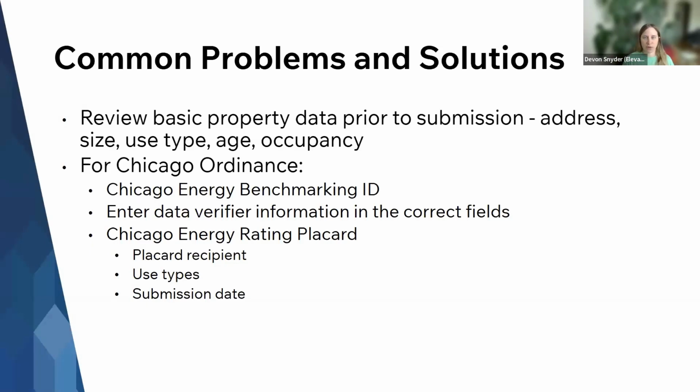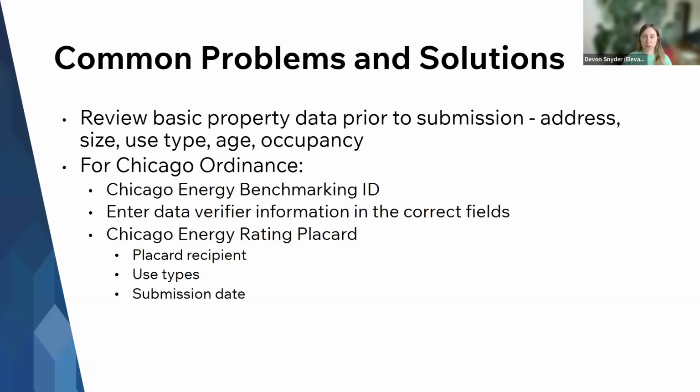Sometimes it's easy to have those things carried over, but if they were incorrectly added in the first place, you want to make sure that that's being updated accordingly so that all your calculations are correct, all the information that goes into calculating the Energy Star rating is correct. So just double check all of that prior to submission.